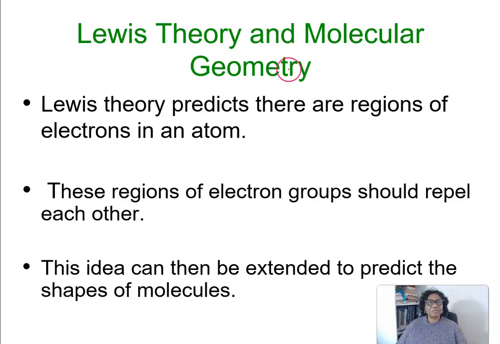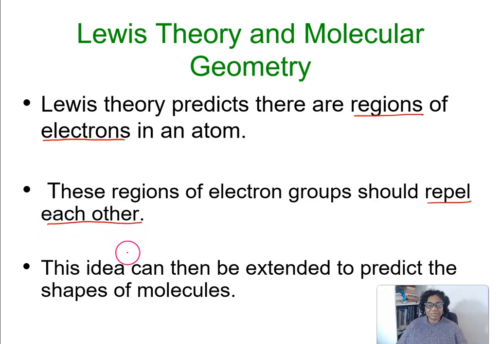Lewis theory and molecular geometry. Lewis theory predicts there are regions of electrons in an atom. The regions of electron groups should repel each other.